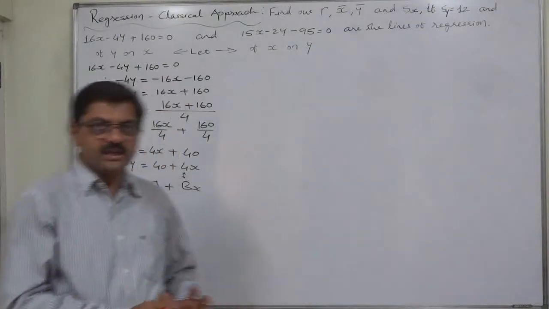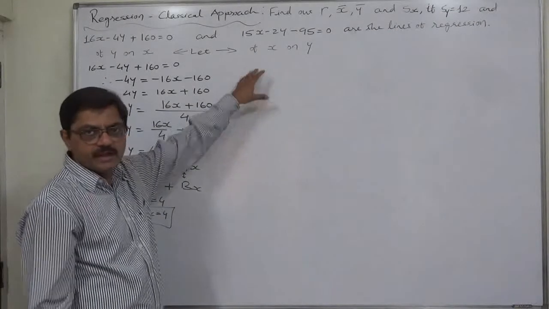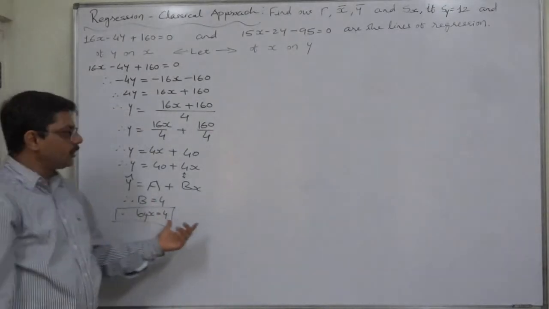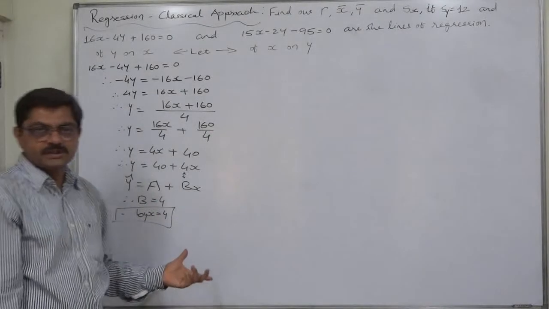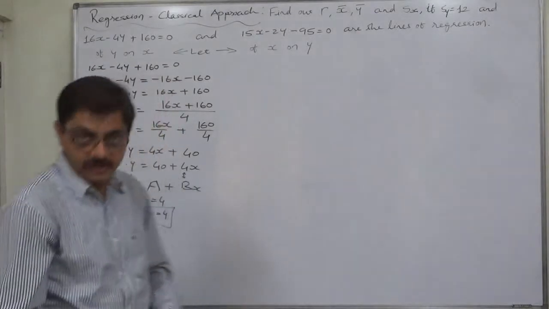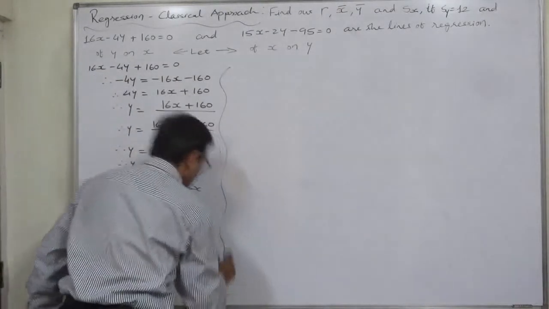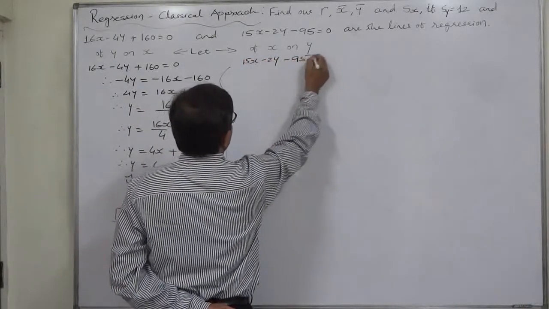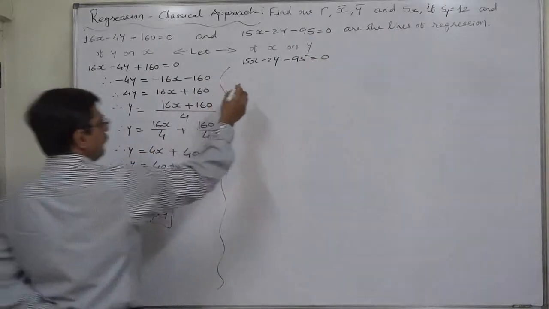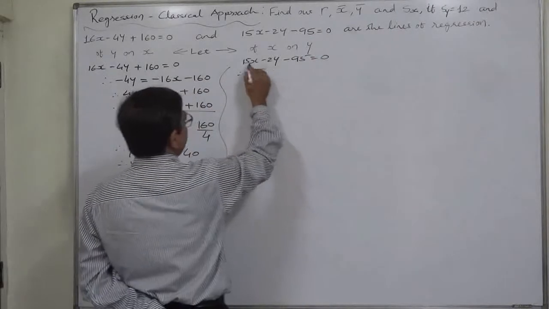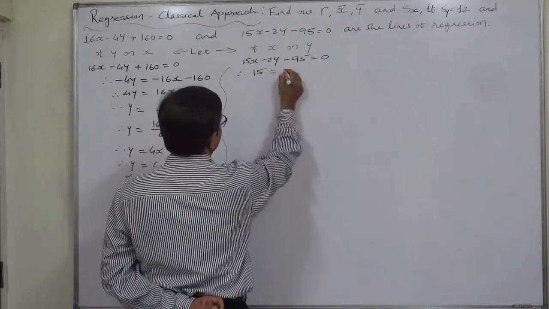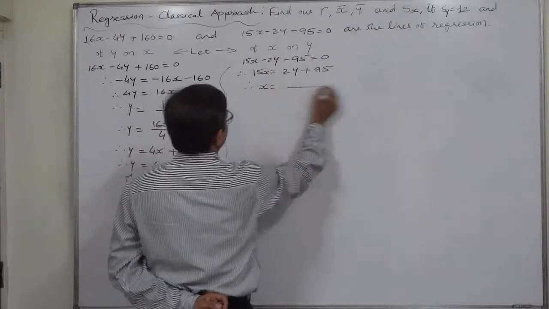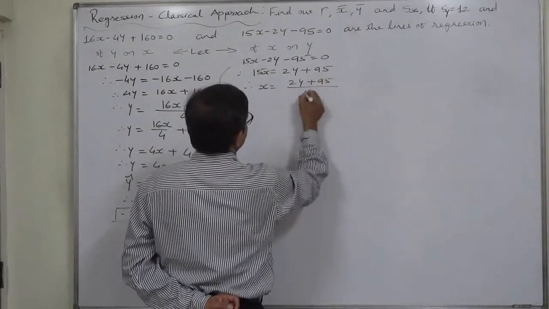Now the first coefficient is greater than 1, so it is necessary that the second coefficient of regression is less than 1, in such a way that the product of these two coefficients is between 0 and 1. 15x minus 2y minus 95 equals 0 becomes the line of regression of x on y. So we need to make x the subject of formula. x will be (2y plus 95) upon 15.